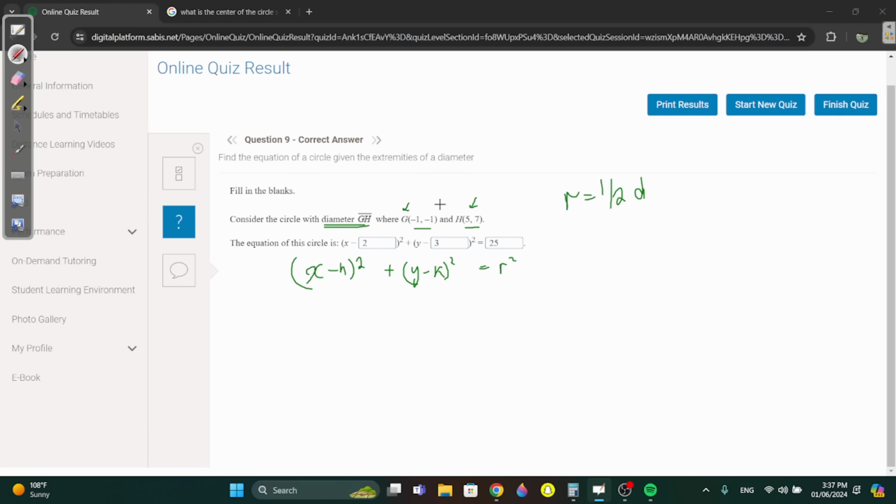So let's say I can find the distance between G and H. That would be the diameter. Can I find the radius? The radius would just be half of the distance between these two points. And what is the distance between these two points?